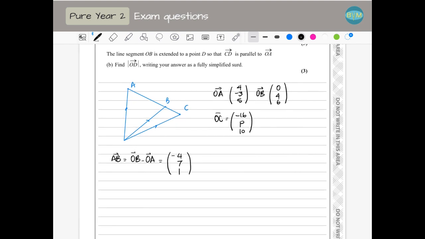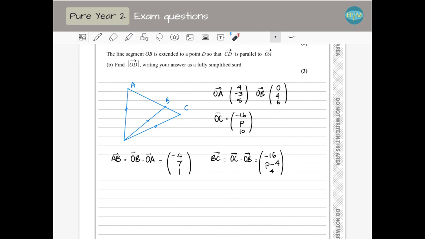And vector BC is going to be OC minus OB. So minus 16 minus 0 is minus 16, P minus 4, and 10 minus 6 is 4. These two vectors are parallel, which means the coordinates are proportional.